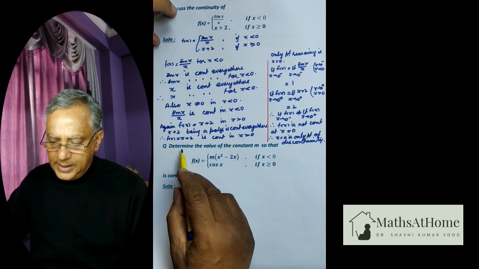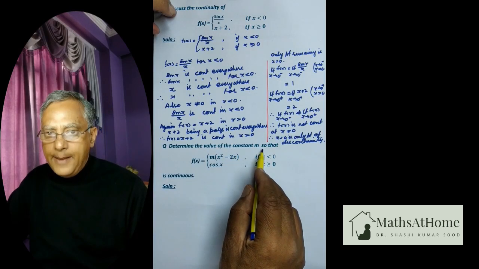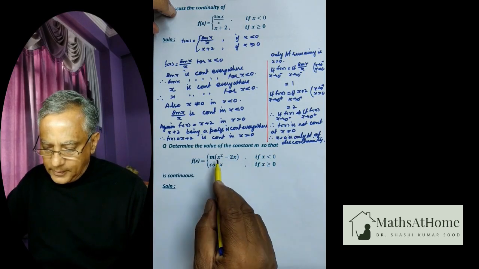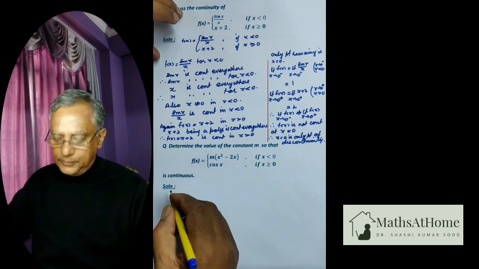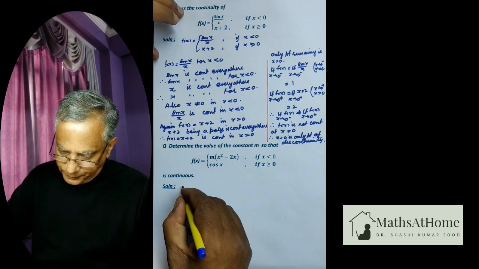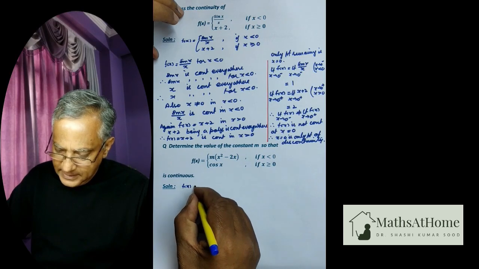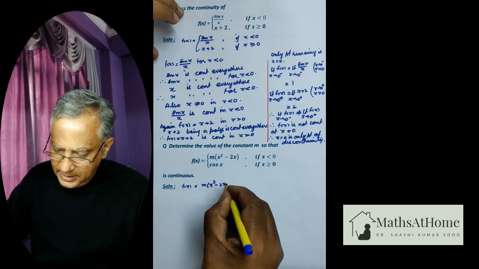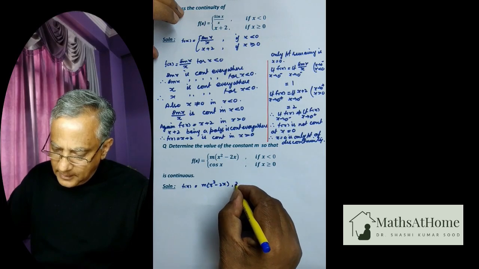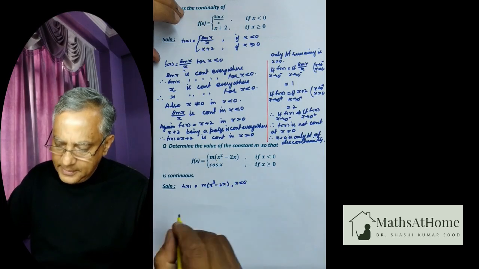Now next is determine the value of the constant m so that f(x) equal to this is continuous. f(x) is equal to m x square minus 2x for x less than 0.